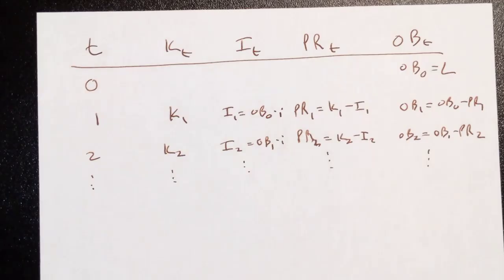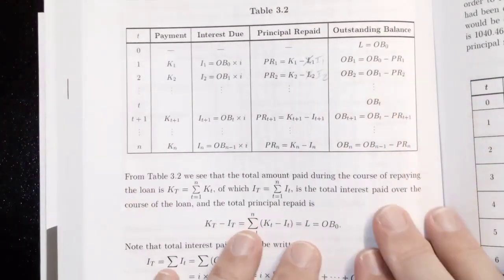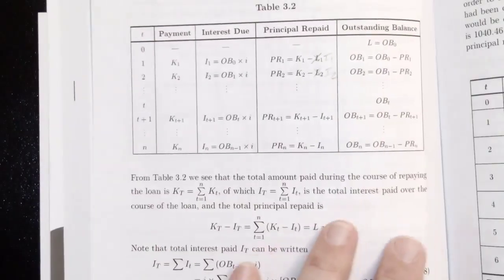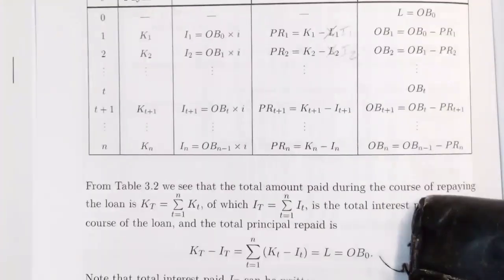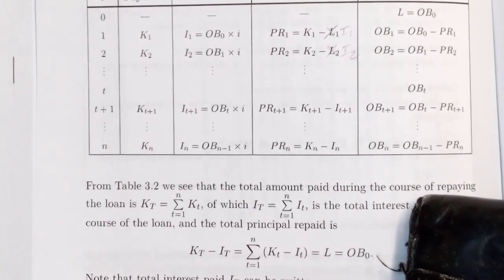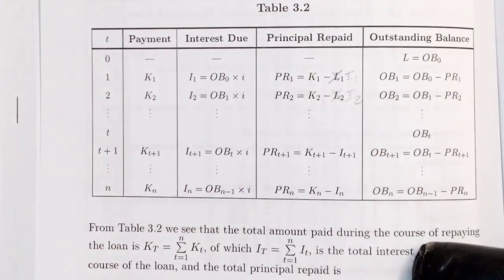I will point out to you, there is a typo in the textbook. On page 160, in the principal repaid column, they wrote K1 minus L1 and K2 minus L2.